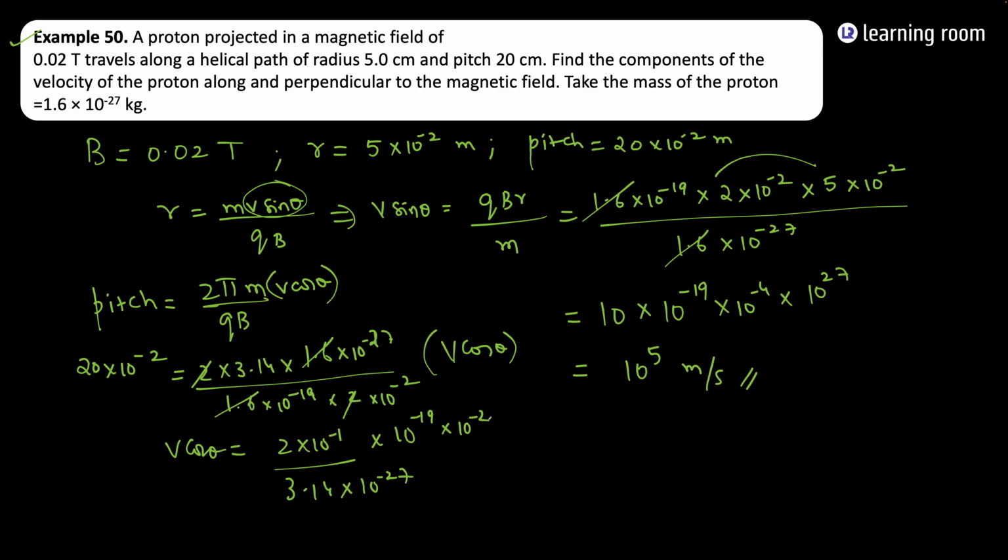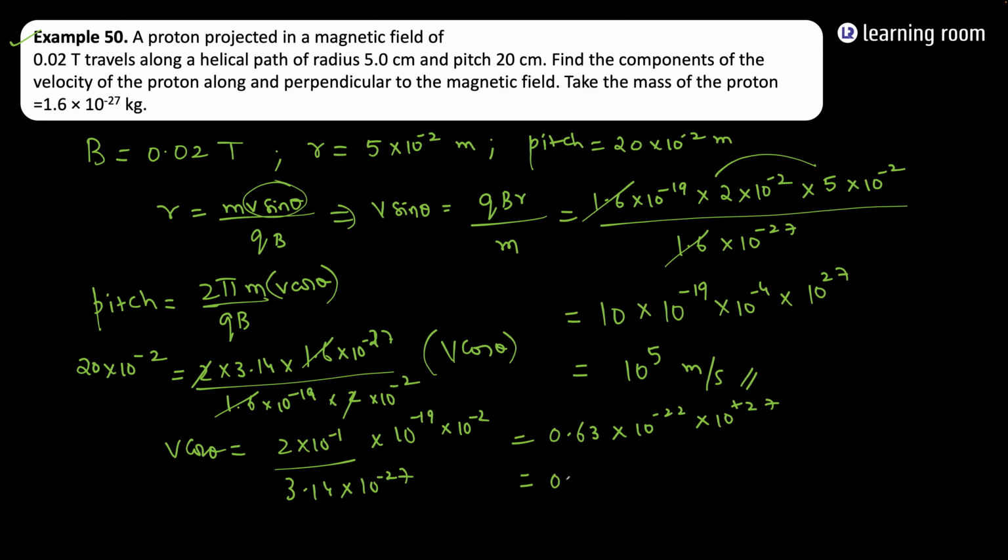So 2 divided by 3.14 will be 0.63, into 10 power minus 19 into 10 power minus 3, which is 10 power minus 22. So 10 power minus 27 will go to the numerator. It will become 10 power minus 22 into 10 power plus 27.